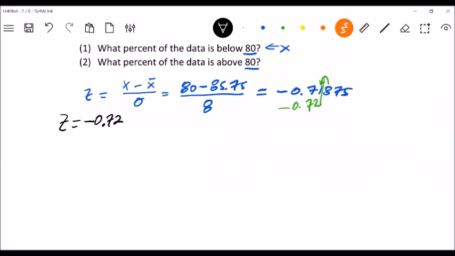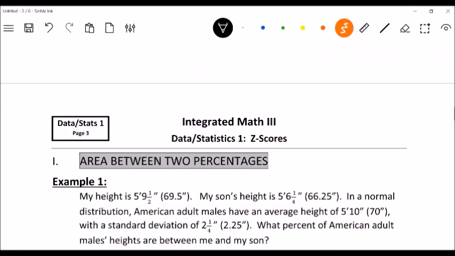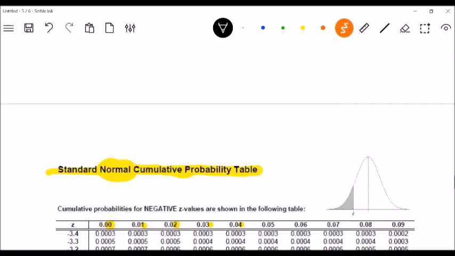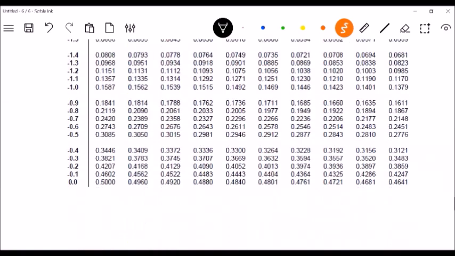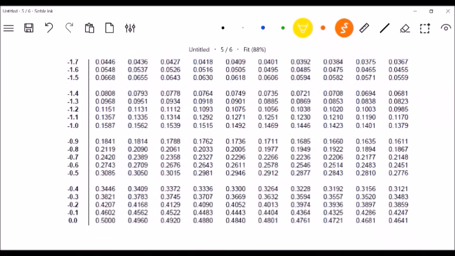Well, let's see what that means. If that's the z-score, let's go to the table, and negative 0.72 corresponds, well, let's go look at it. Negative 0.7. So there's negative 0.7, but we didn't find the 2.